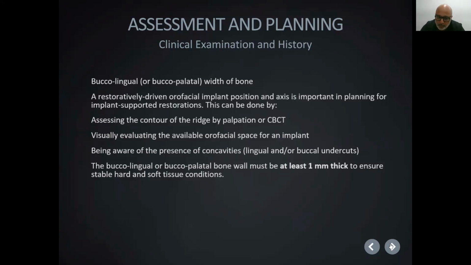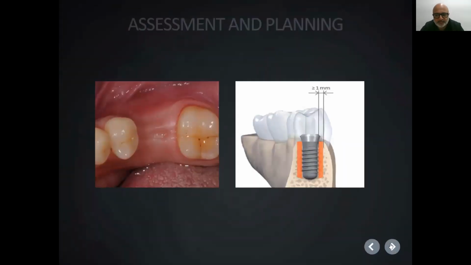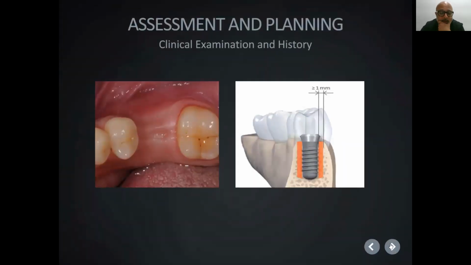But the buccolingual, buccopalatal bone wall must be at least 1 millimeter thick to ensure stable hard and soft tissue conditions. Now, when I was taught, it was always 2 millimeters. And to be honest, I still try and stick to 2 millimeters. However, 1 millimeter is sufficient in most situations. So that's 1 mil either side of the implant.